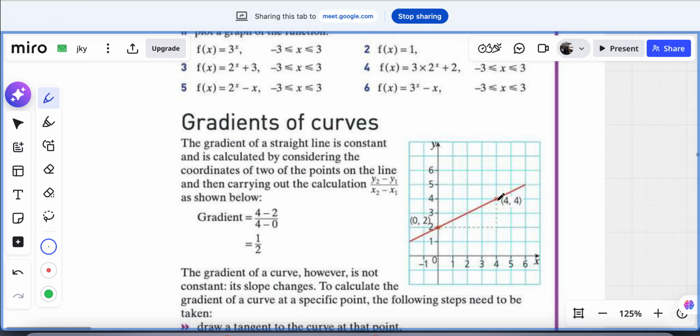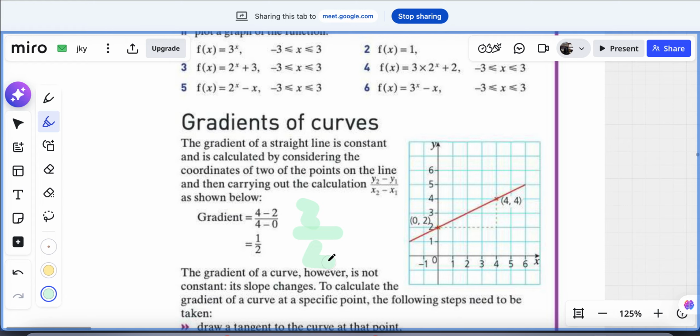How do you calculate the gradient for a curve? Normally, you know how to calculate a straight line gradient, right? You choose 2 points on a graph. You read their y values. The top point, you read the y value, which is 4, minus the bottom point's y value. So it becomes 4 minus 2, like y2 minus y1, over, trace this point down, it is 4 on the x-axis, trace this one down, it is 0 on the x-axis, over 4 minus 0.